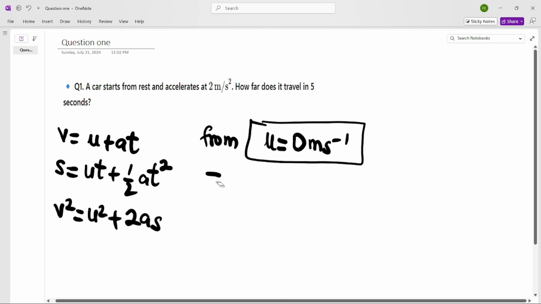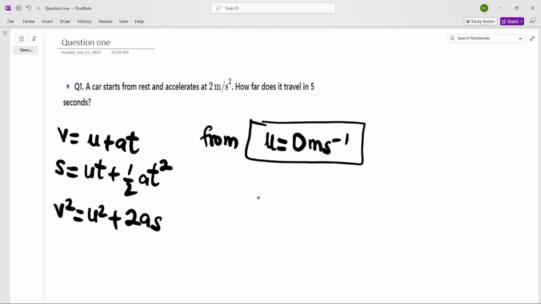Sure. Now, and then it accelerates at 2 meters per second squared. So they're giving us acceleration a is equal to 2 meters per second squared. How far does it travel in 5 seconds? So they have given us t to be equal to 5 seconds.